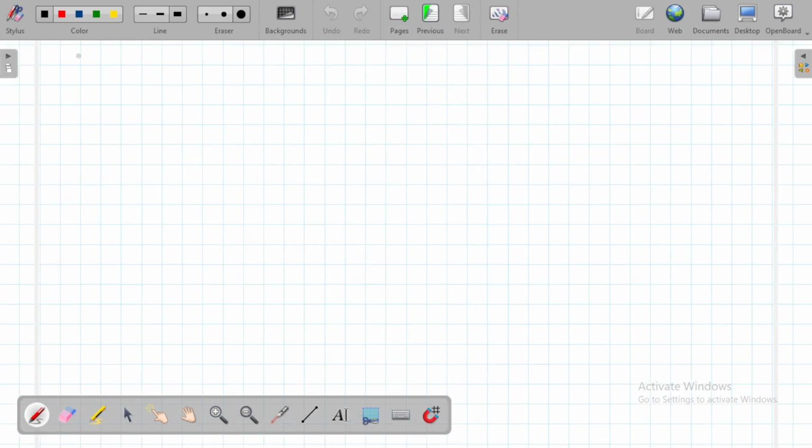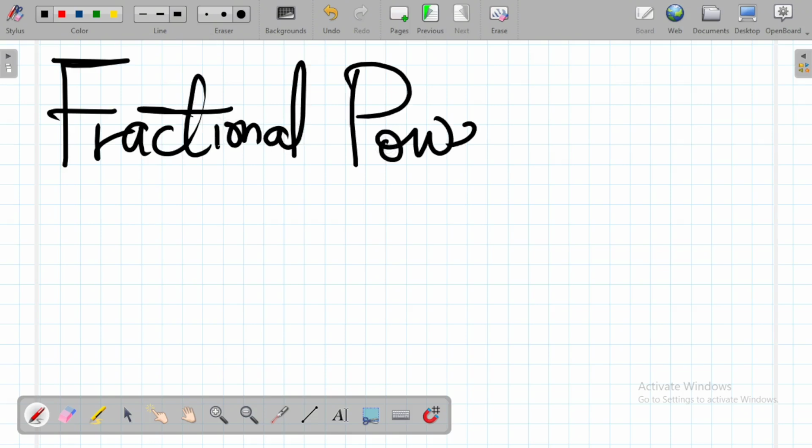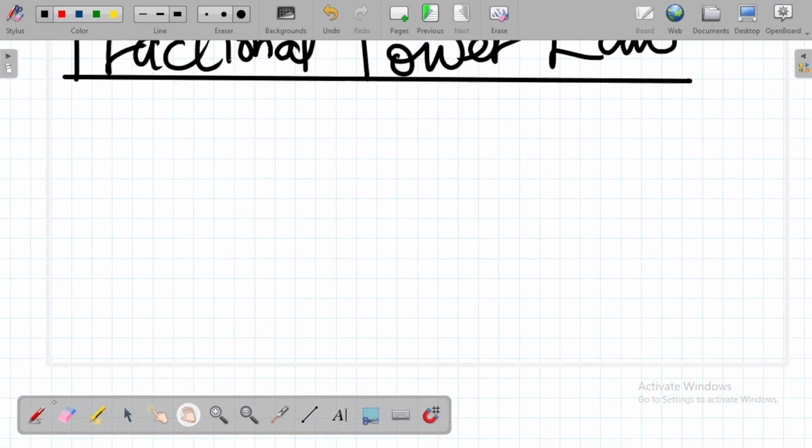All right, let's consider the next law, which is the fractional power law. Let's take an example.